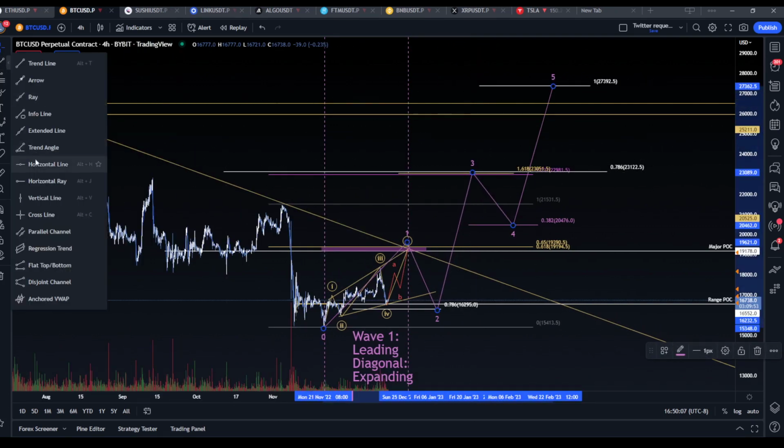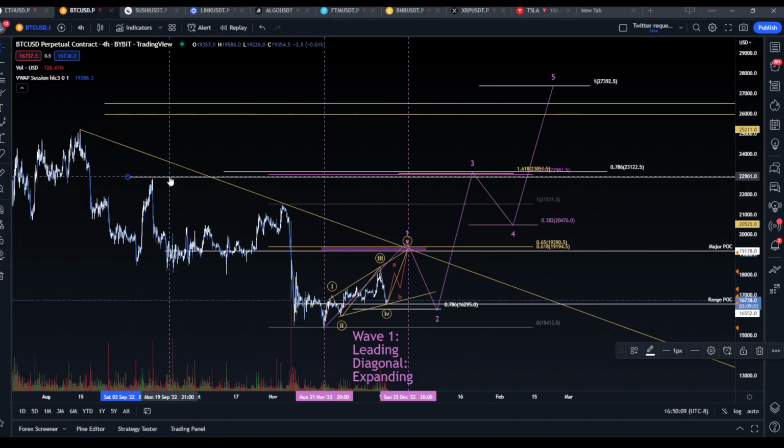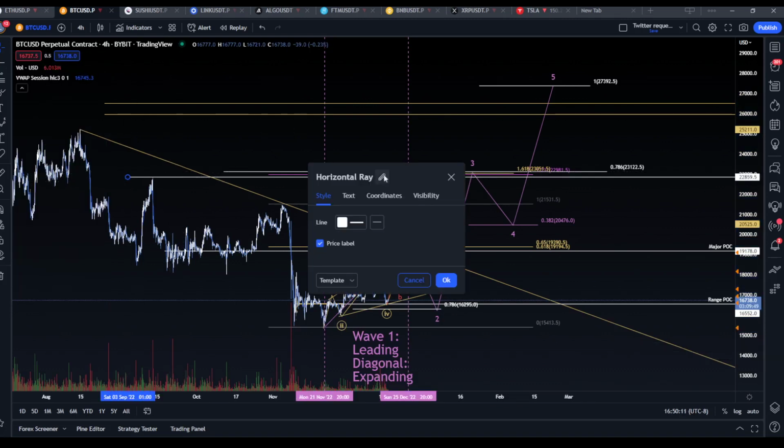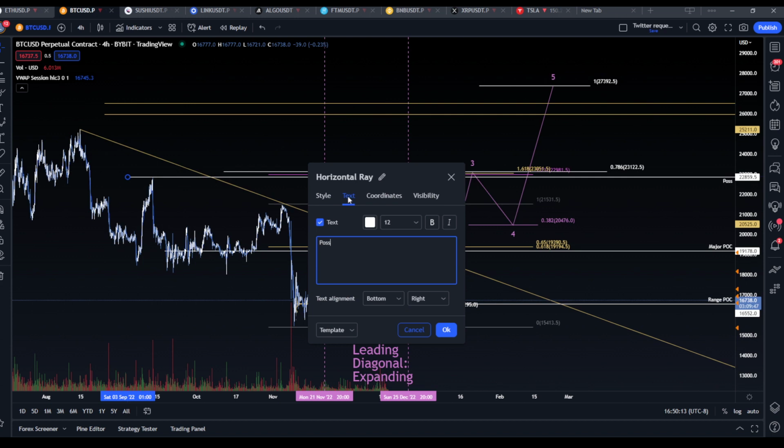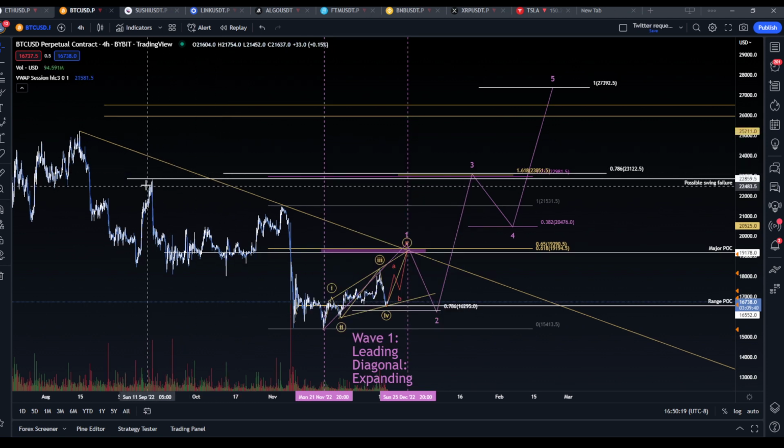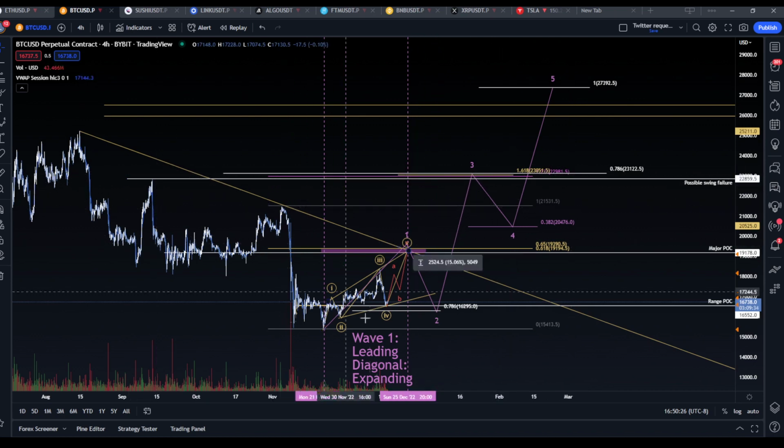And then to add on to that confluence, we have the potential for a swing failure here. So let's call this possible swing failure. So why is this such a great level? Well, we have clear liquidity ideas, a break above this high, lots of fib confluence, 786, 1618, 123.7.